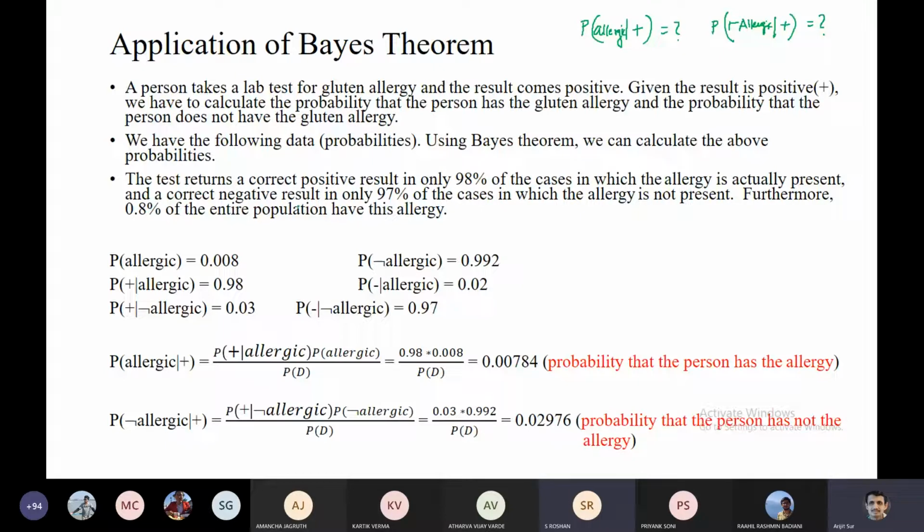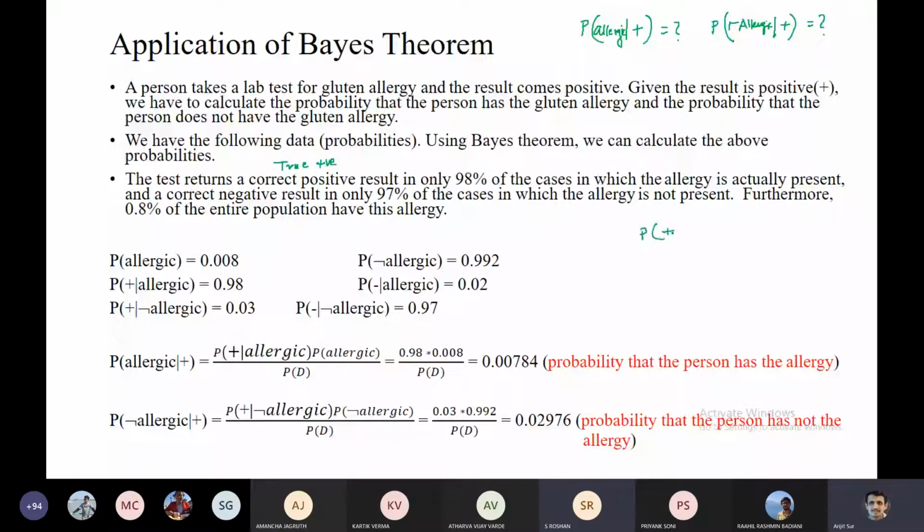So what is given? The test returns a correct positive, the true positive. Everybody, I think, is very familiar with it. The positive result is 98% in the cases in which the allergy is actually present. It is very accurate, but in our artificial example it is not that accurate. So what do we mean by true positive?